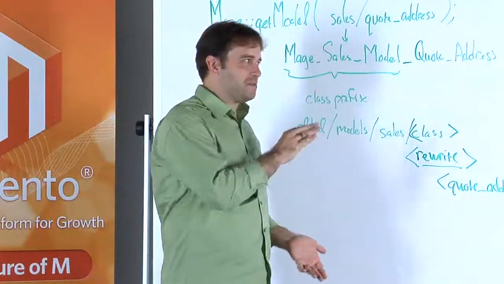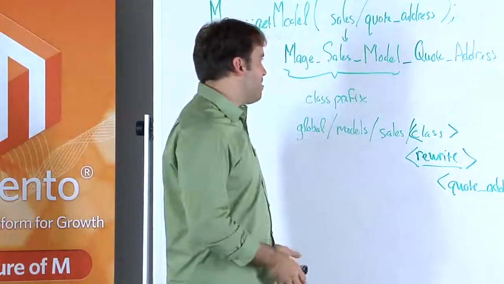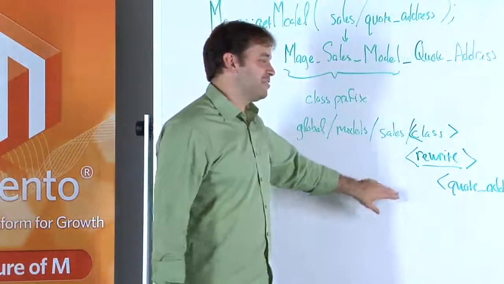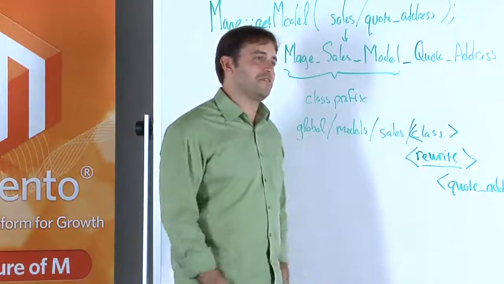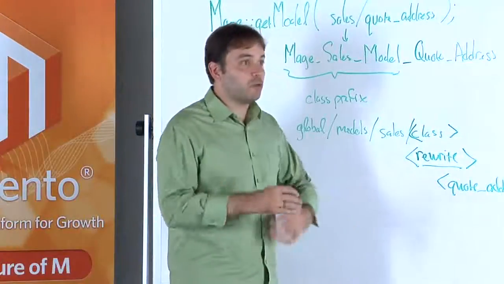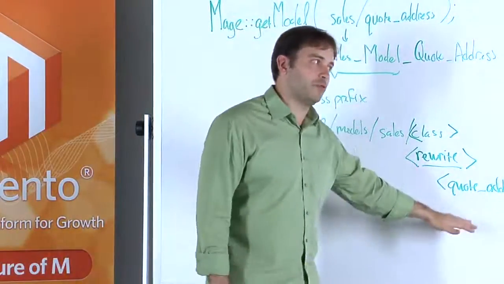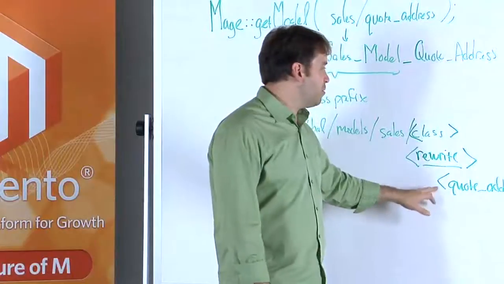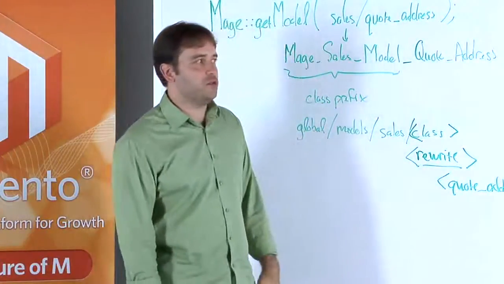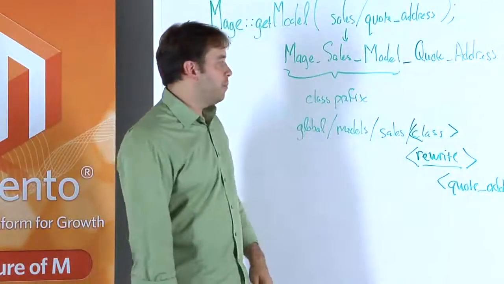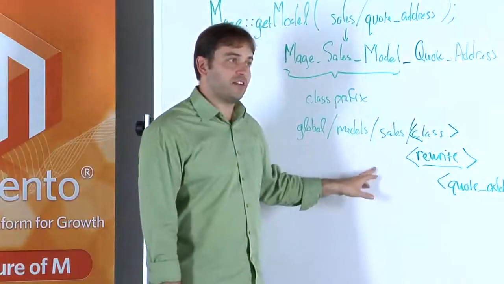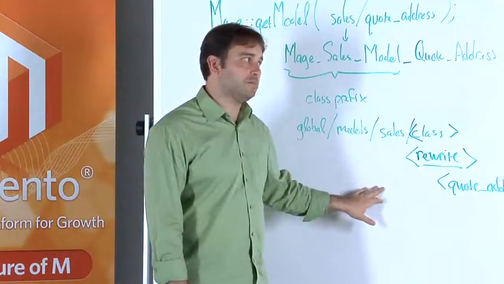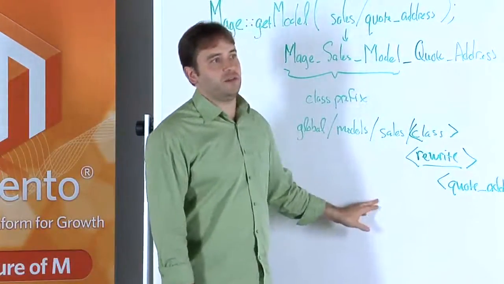This whole process, parts of it, I don't think I ever looked under the hood until I started teaching this class. I mean, not really following it all the way through. You knew about the rewrite node, you know about these things, and you become more familiar with the system. But it doesn't hurt. Remember, I've referenced that class several times, Mage Core Model Config. Feel free to look in there.